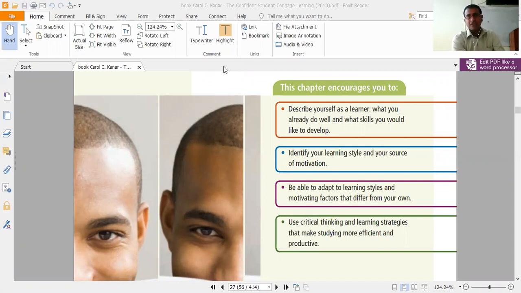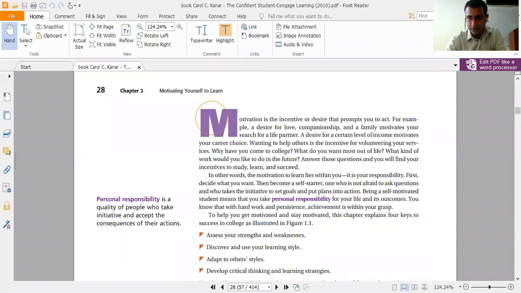They are not rigid in their approach. Number 4 is use critical thinking and learning strategies that make studying more efficient and productive. These things are also very, very important. So this is what we are going to do throughout this chapter.